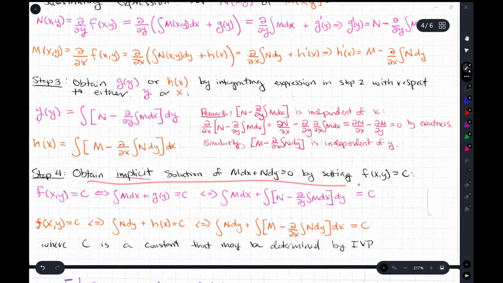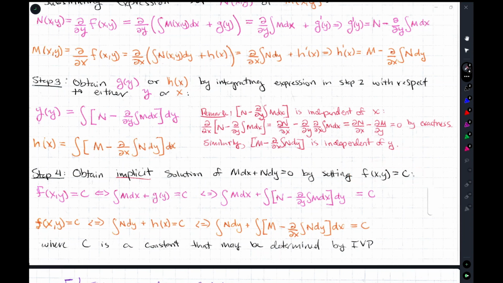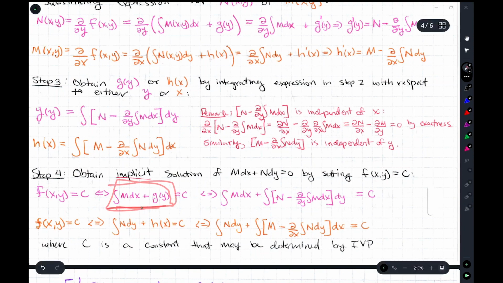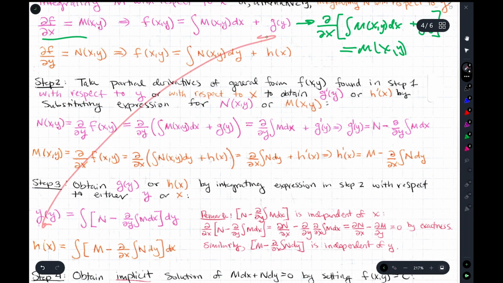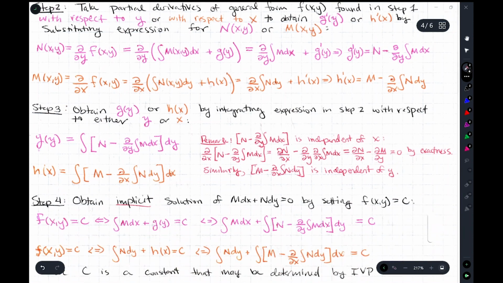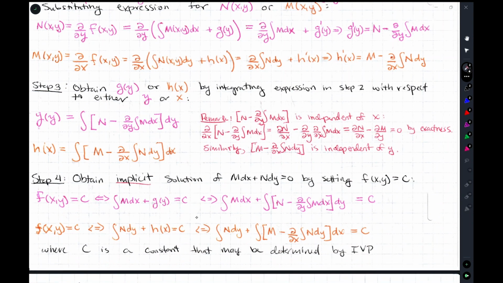Step 4 is to obtain the implicit solution. So we got f. Now all we have to do is set it equal to c. Now that we found gy, we have our f. You plug this gy back into the original expression, and you set it equal to 0 because the level curves are the solution curves.